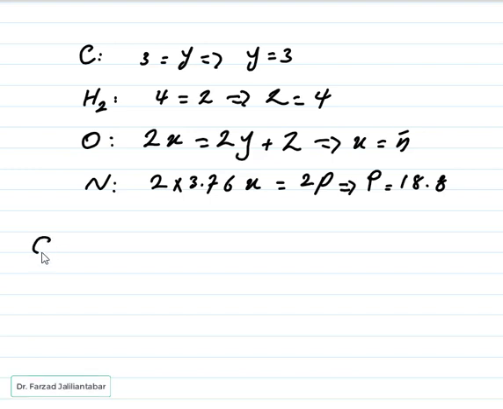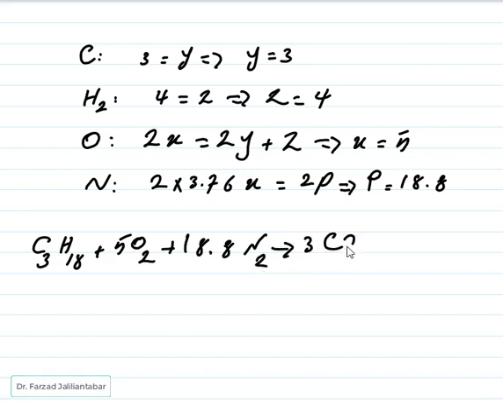It will be C3H8 plus 5 O2 plus 18.8 N2 gives us 3 CO2 plus 4 H2O plus 18.8 N2. So this is our balanced equation for this combustion reaction.